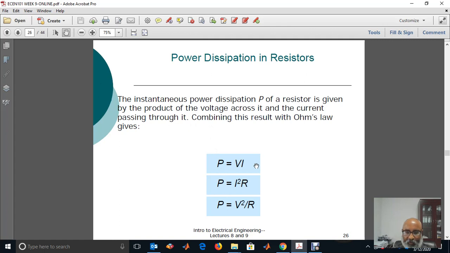P is equal to V times I. However, from Ohm's law, we know that V equals I times R. So when we substitute for V, we get P is equal to I squared times R. Or if we substitute for I equals V over R, we get for power P equals V squared over R. So these are the different alternatives that we can use to calculate the power dissipated by the resistor.